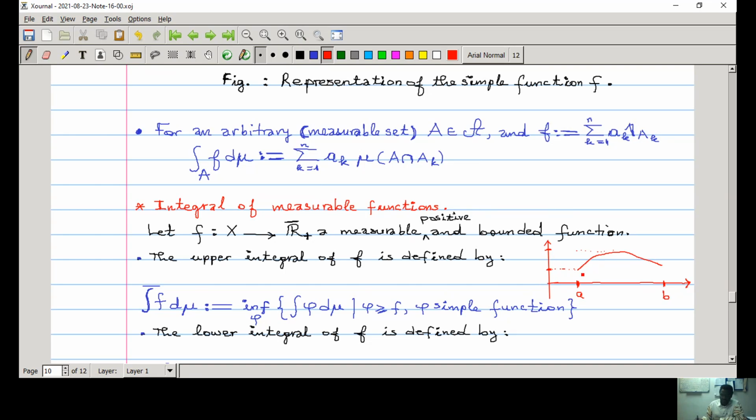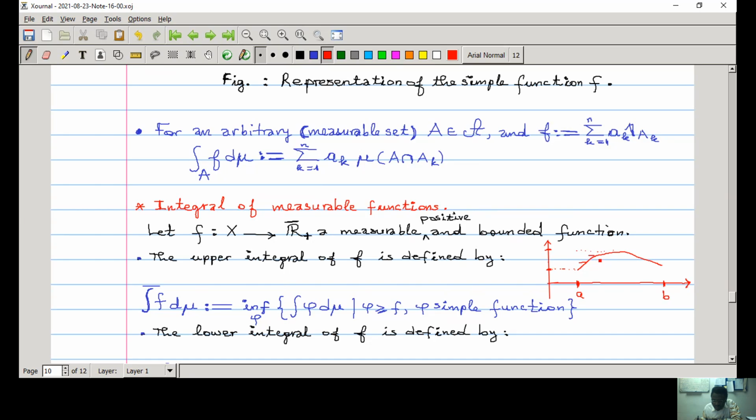Now, since we said that we approximate this function, for the upper integral we look at simple functions that are greater than or equal. So here, I can decide to approximate it with a certain number of values. Let's say the first is this one. We'll take this value.